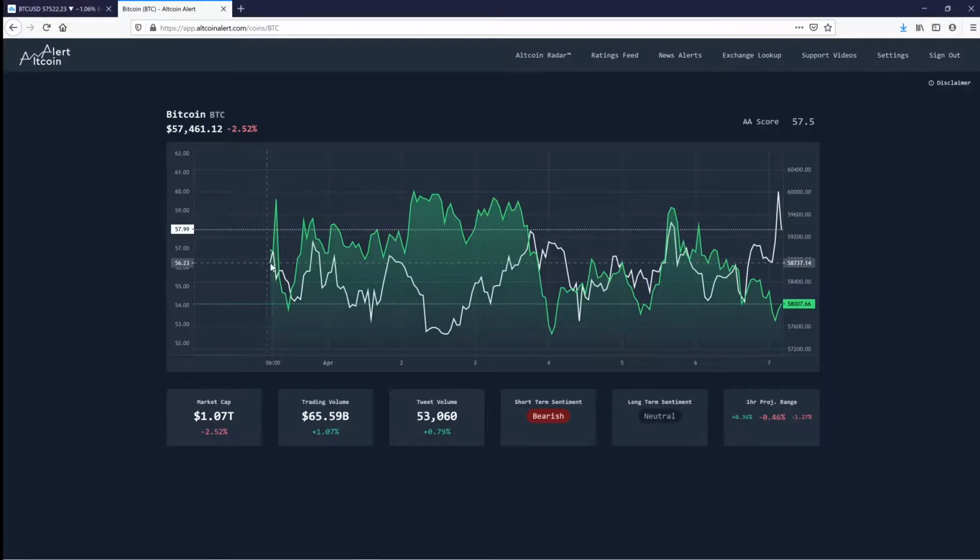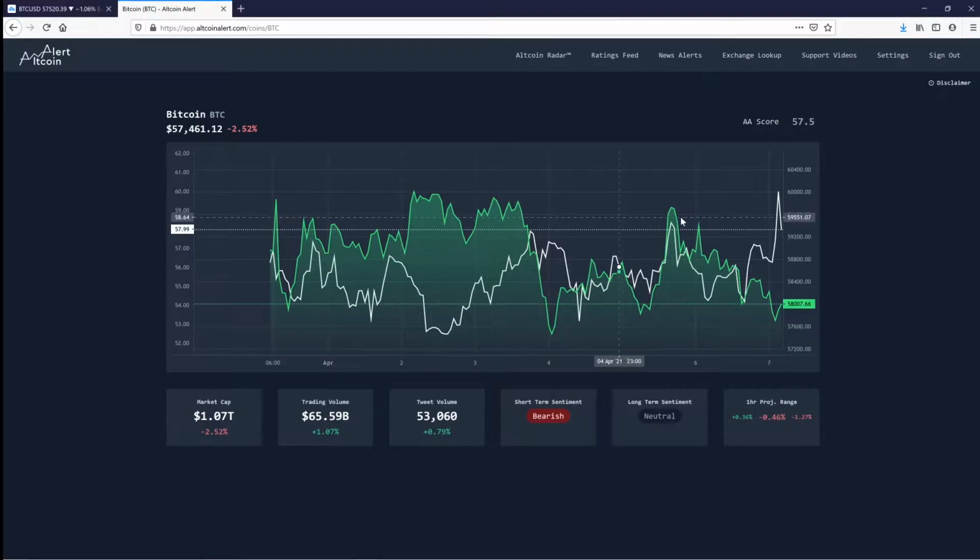What has been repeated is the relationship of the two lines, like right here, you have the AA score crossing over Bitcoin price, or I've seen people talking about the relationship of a gap between the score and price.